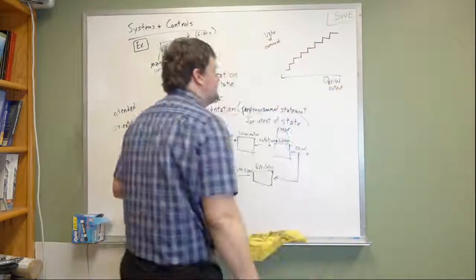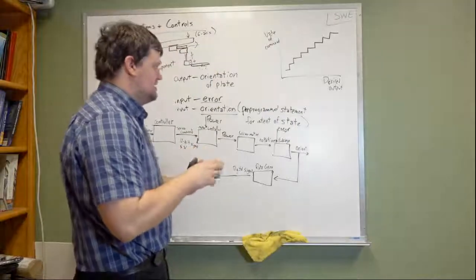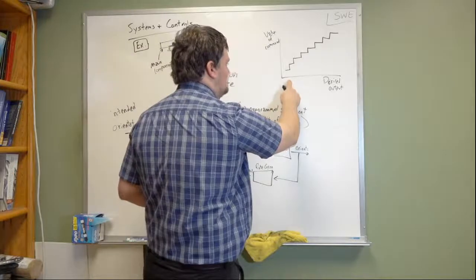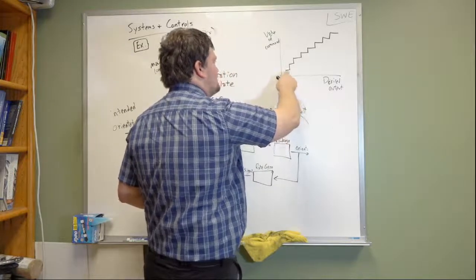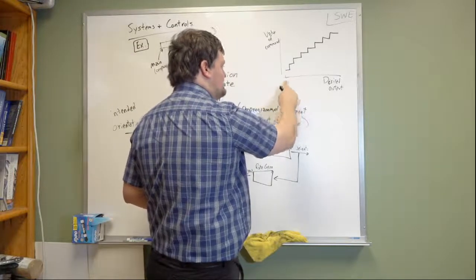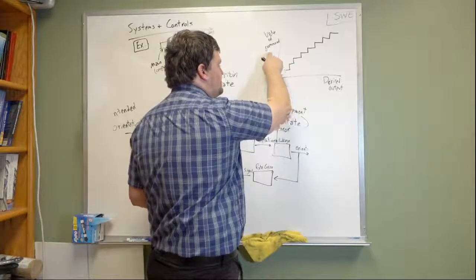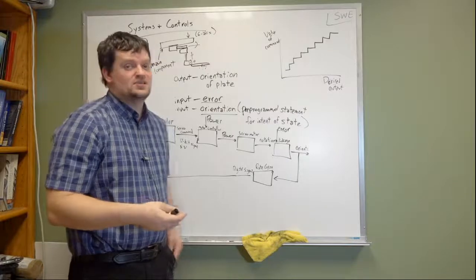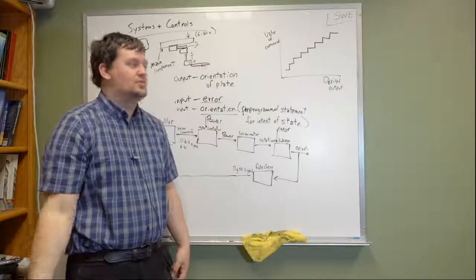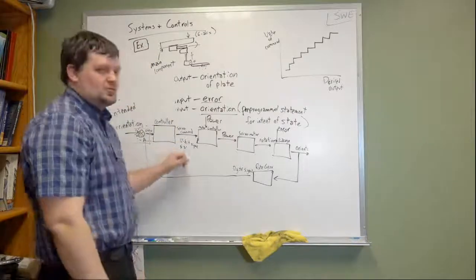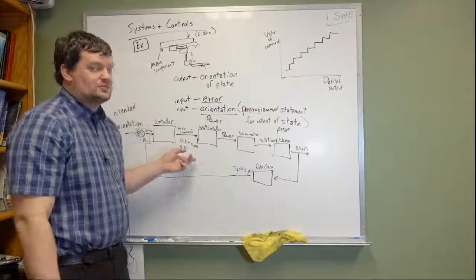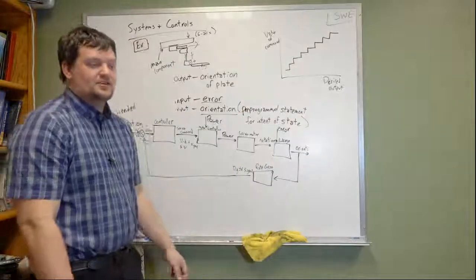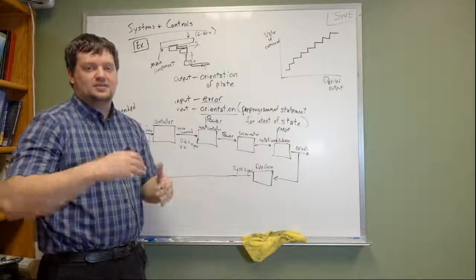So here, if I want to indicate that there is this value here, then I would go up and it would say, okay, well, the value of that command is going to be this. But if I go slightly to the left, the value of the command is still going to be the same, because there's only 4,096 individual steps that can possibly be sent out by the servo command. Even though it's a 12-bit signal, you only have 4,096 different commands that it can give, and they increment up.